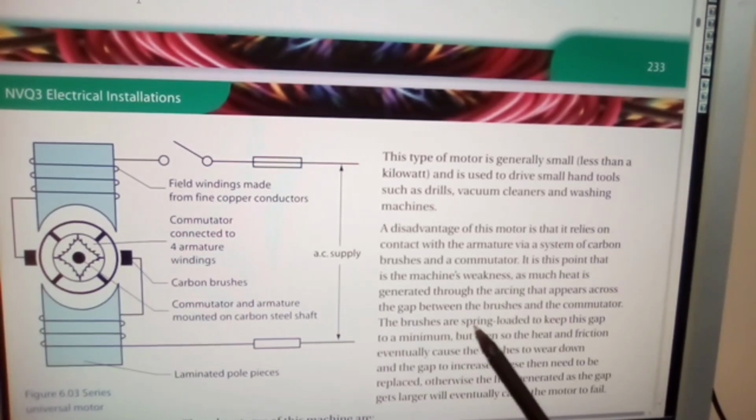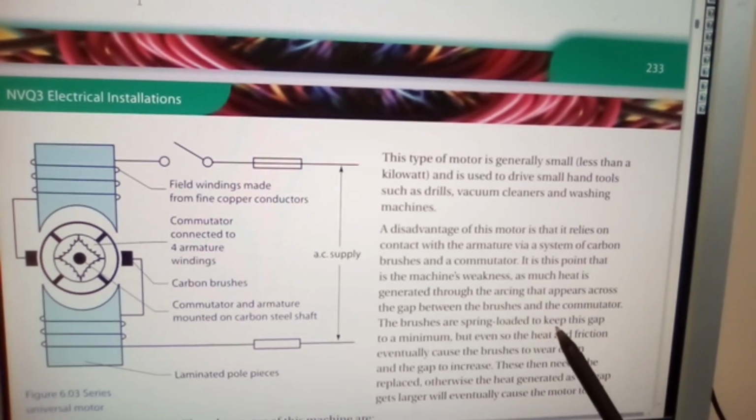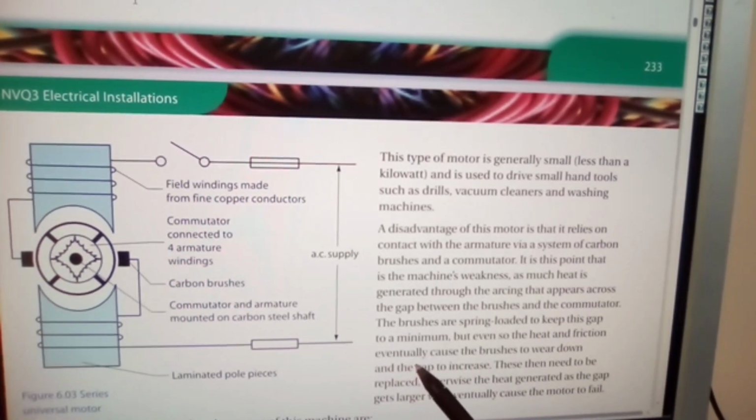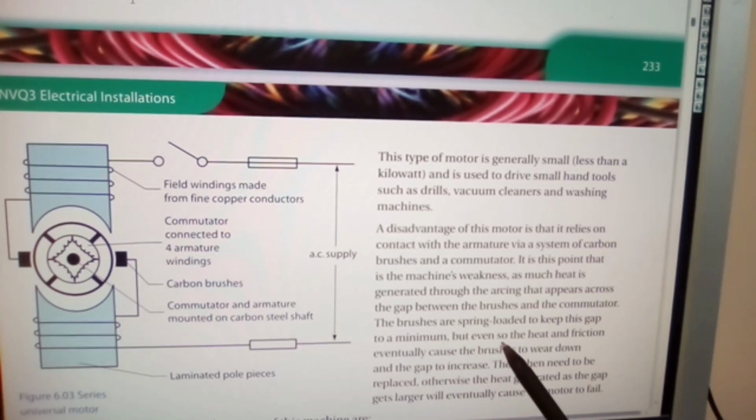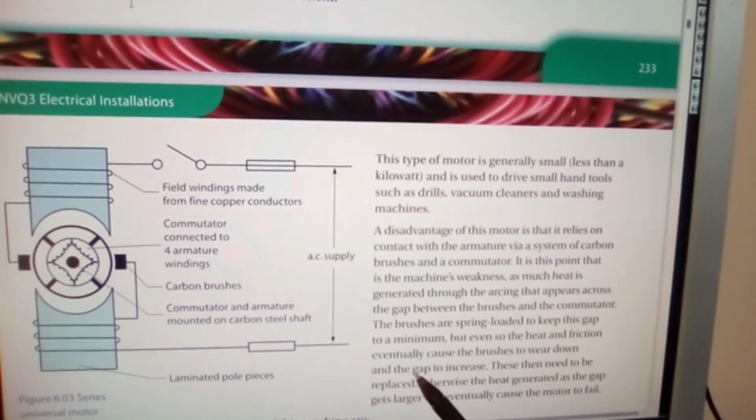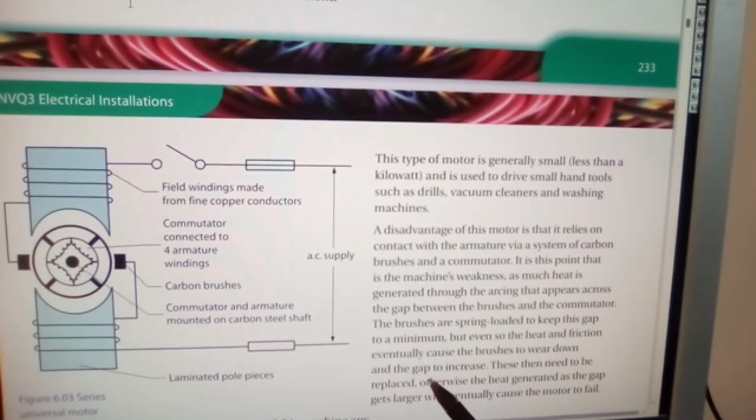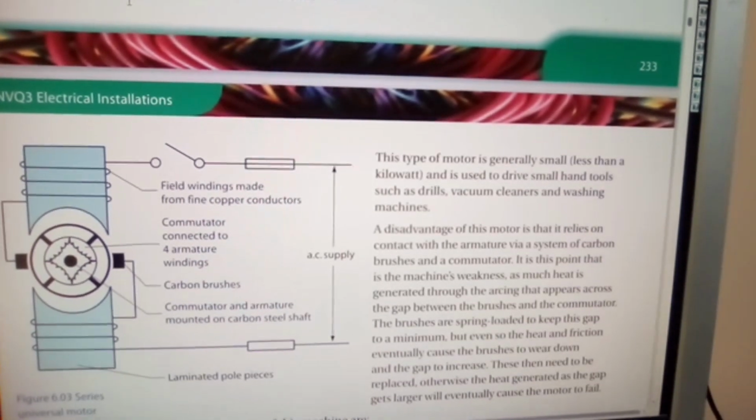The brushes are spring-loaded to keep this gap to a minimum, but even so, the heat and friction eventually cause the brushes to wear down and the gap to increase. These then need to be replaced, otherwise the heat generated as the gap gets larger will eventually cause the motor to fail.